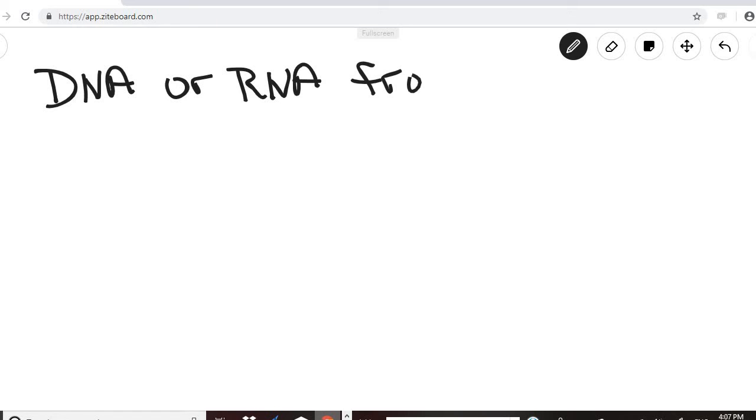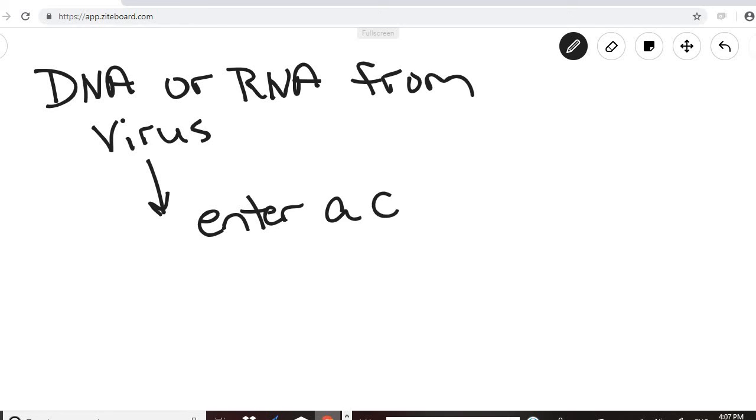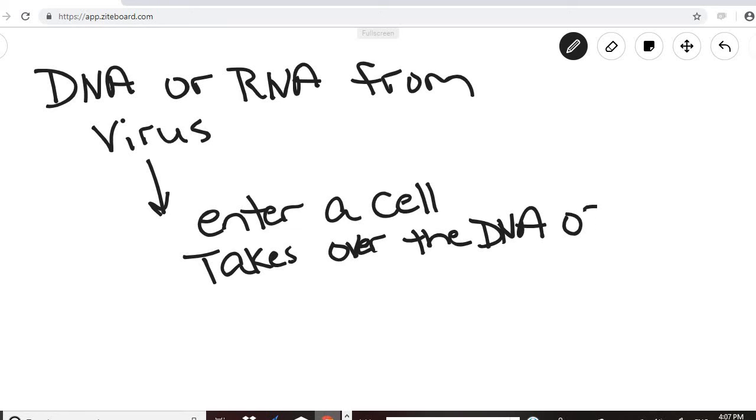The way that viruses reproduce is that the DNA or the RNA from the virus will enter another cell, and it takes over the DNA of that cell, and it uses the DNA of that cell to duplicate itself.